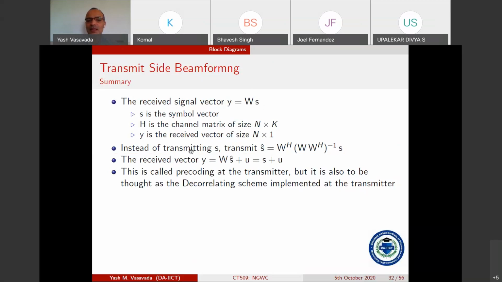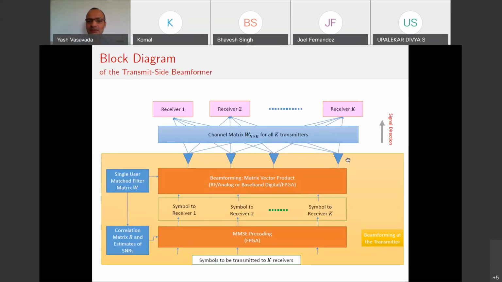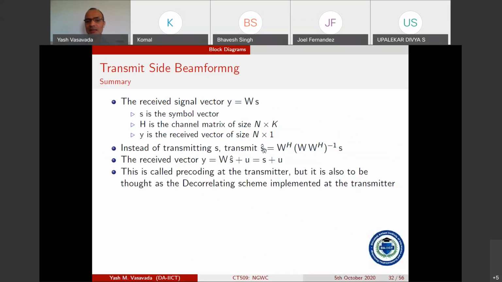But instead of transmitting S, what if we transmit S hat? S hat comes over here. This is what is actually getting radiated by this antenna array. So we are transmitting S hat.